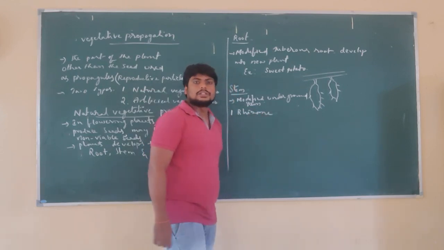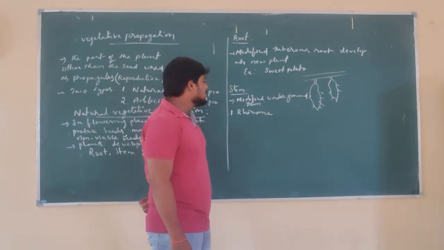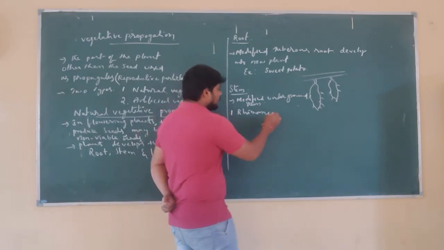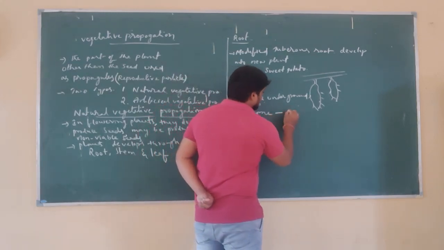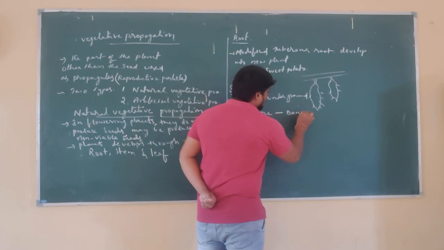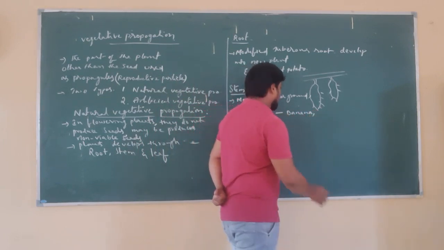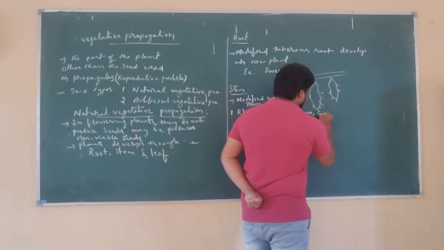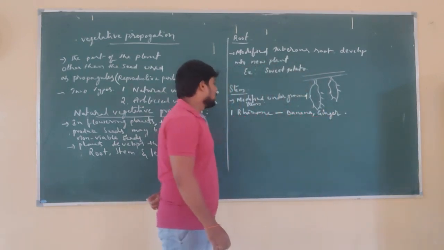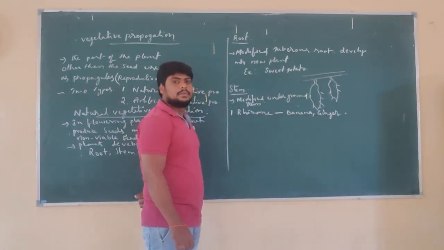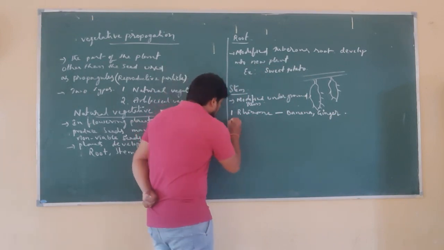This method of reproduction through the rhizome occurs in banana as well as ginger. So through the rhizome, banana and ginger can produce a new plant.